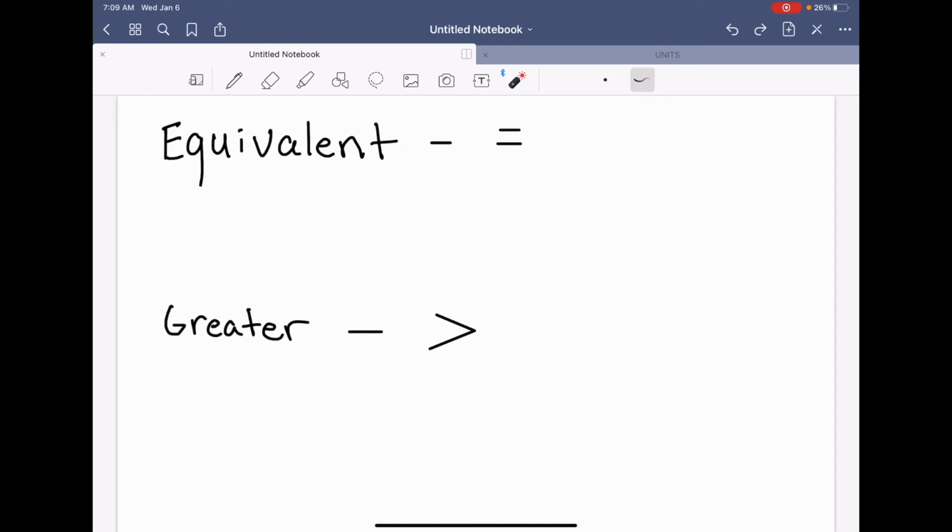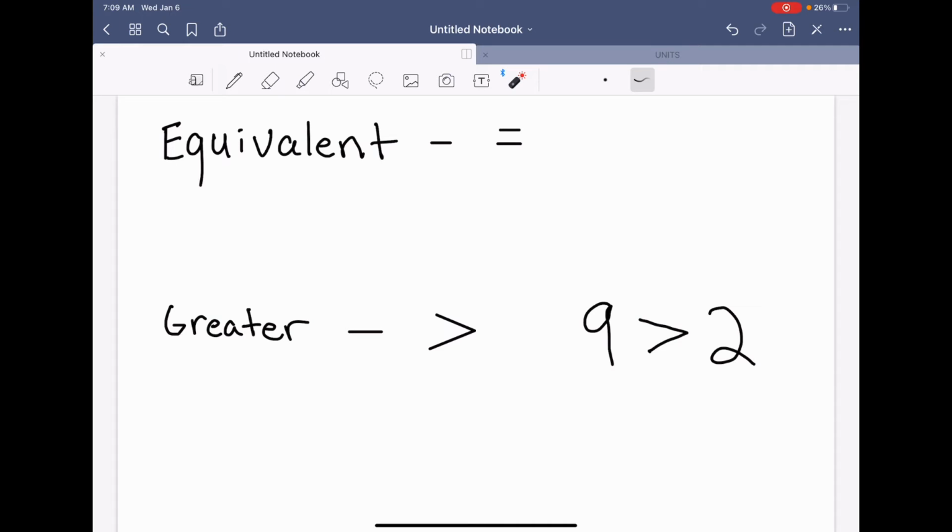So, more than, we can give an example such as 9 is greater than 2. The 9 is bigger, right? So we put the sign facing towards the 9. It looks like a mouth, right? You can see the mouth is wanting to eat the 9. So the 9 is greater than 2.